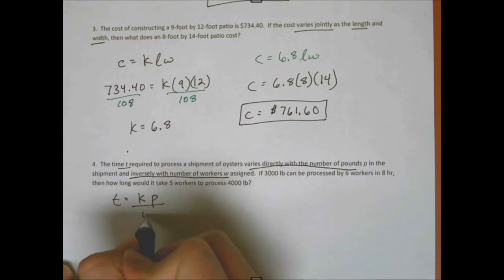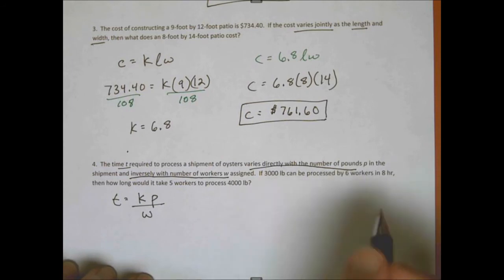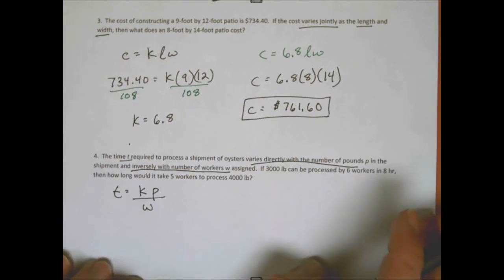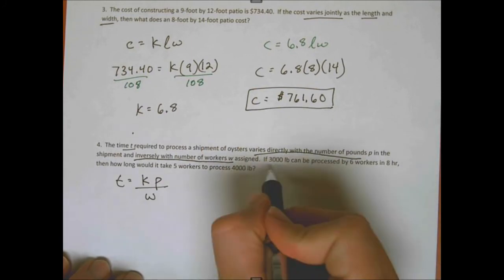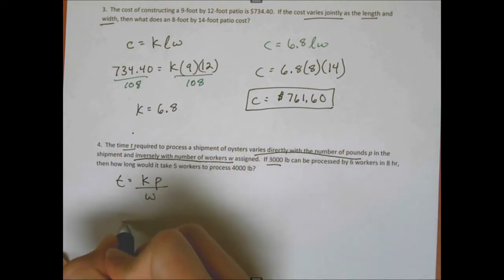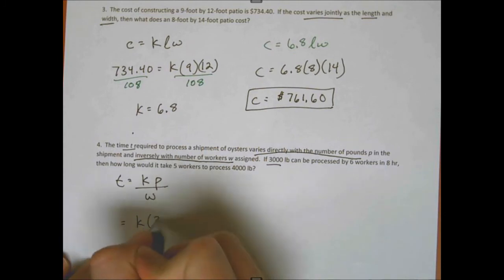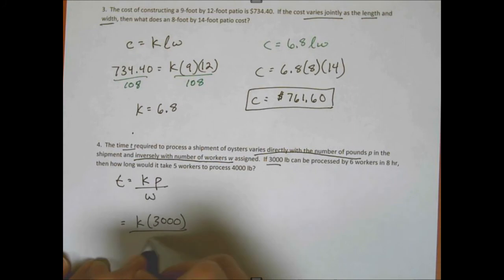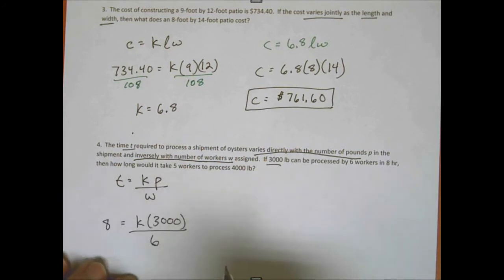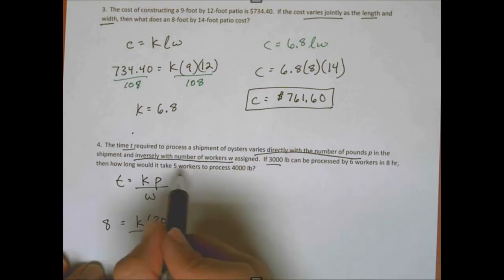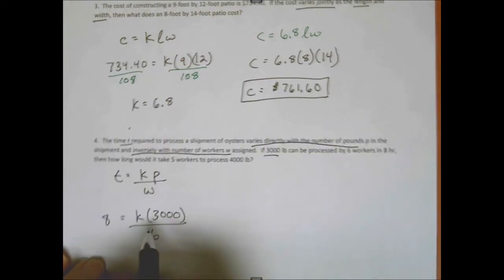Inversely means to divide. So there is your equation. Then we have 3,000 pounds and 6 workers, and the time is 8 hours. It asks us something else, but that is how we find k.